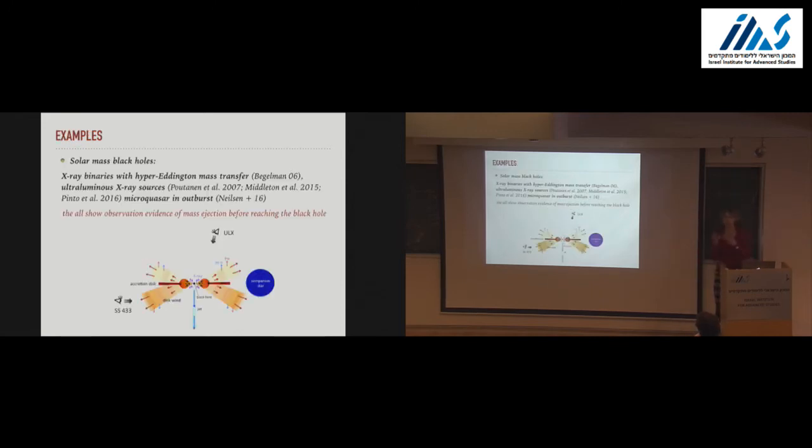Okay, in which astrophysical environments have people argued those disks explain what we see? In X-ray binaries with hyperaccreting mass transfer, in ultraluminous X-ray sources when there is a neutron star as accretor, and in microquasar outbursts. And then we have this thin, thick geometry. And this is for solar mass black holes.